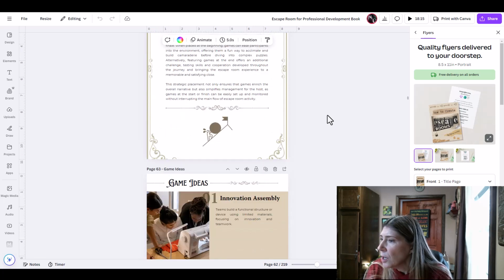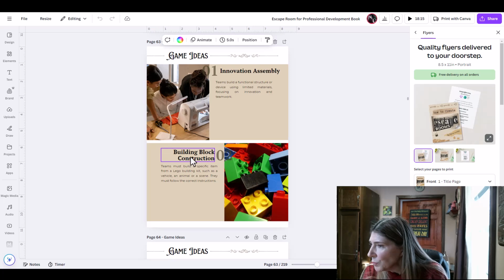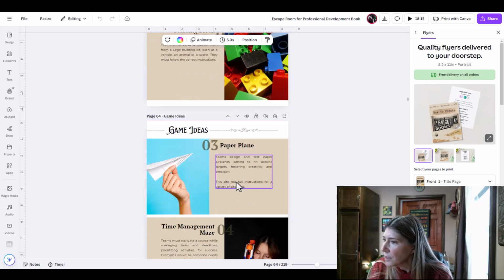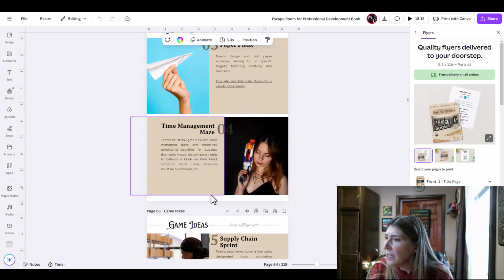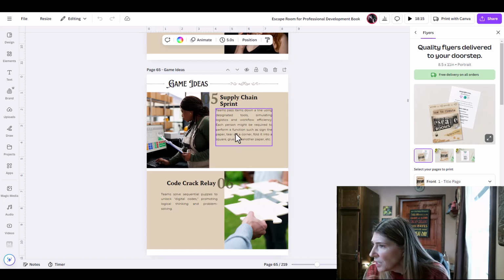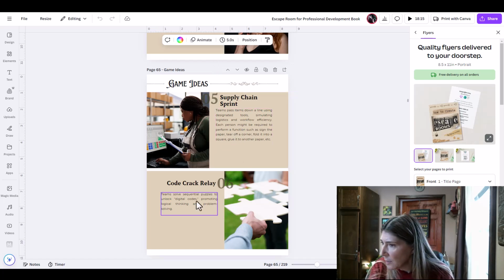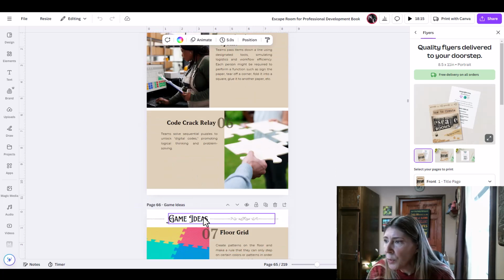Okay, so here's where they assemble something. They build some kind of Lego kit, the paper airplane, a maze that they've got to navigate through, a supply chain sprint, so some kind of sprint or relay race they have to participate in. They've got to crack a code.